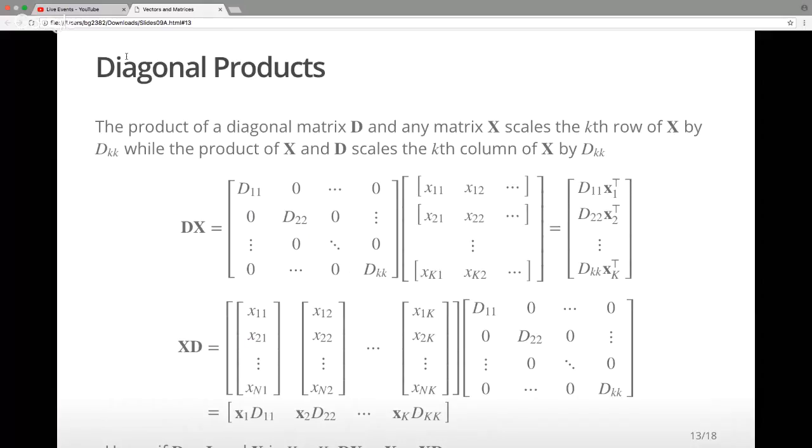And consequently, you can see that if D is actually the identity matrix, then all of these are ones, and you're just scaling by 1. Consequently, identity matrix times X is just X, and X times identity matrix, again, just X. So as long as these are conformable for multiplication, a diagonal product is just either scaling the rows or scaling the columns of the matrix it's being multiplied with.